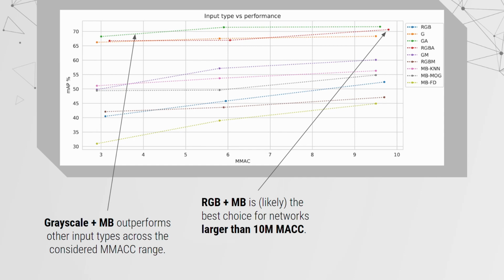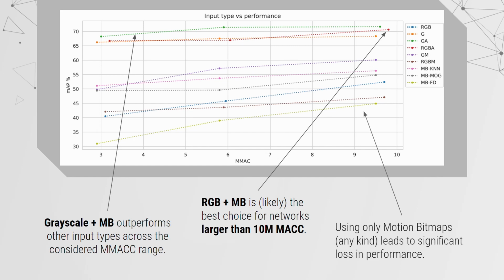We can imagine that given a larger network requiring more operations, this more complex input will actually outperform the two-channel input that was the best performing before, as an RGB image compounded with the motion bitmap presents a lot richer information than what is possible with just a single channel.